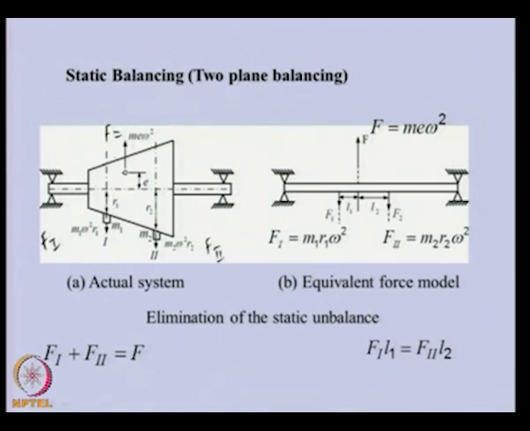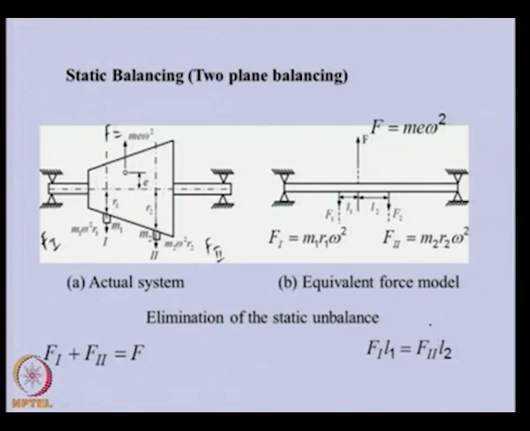Obviously, for balancing, F1 plus F2 should be equal to the total force. Here F is the force of the unbalance, and these are the centrifugal forces of the correction masses. So, F should be F1 plus F2. Apart from this, the additional masses M1 and M2 should not produce an additional couple. To make sure of that, if we take the moment about, let us say, this point, the unbalance force will not contribute to that moment, but the F1 and F2 moments should be balanced.